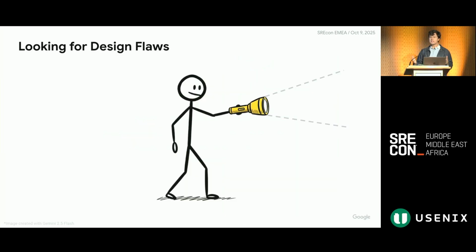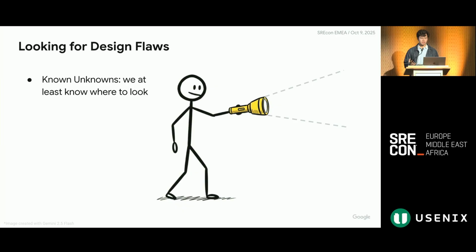So why did we name this talk Illuminate the Unknown Unknowns? Well, as SREs, sometimes we know that there are areas in our system that are risky, but we don't know the specific risks. And those are the known unknowns, right? And we can allocate bandwidth to help find those risks in those areas. But what really keeps us up at night is the hidden risks that no one has considered, that no one is even looking for, really.